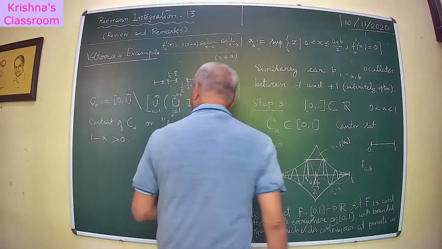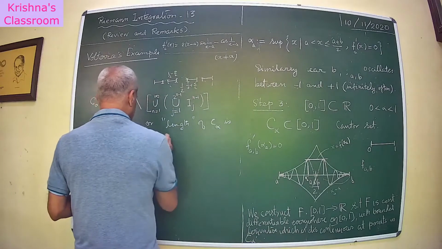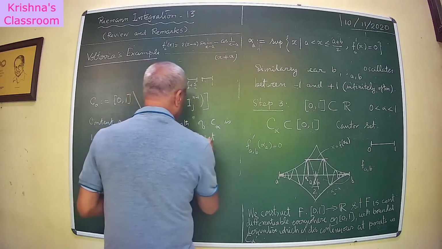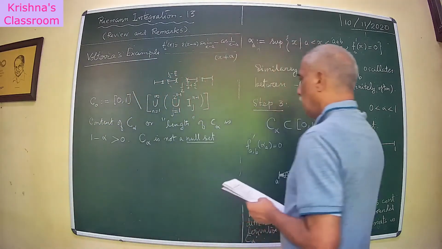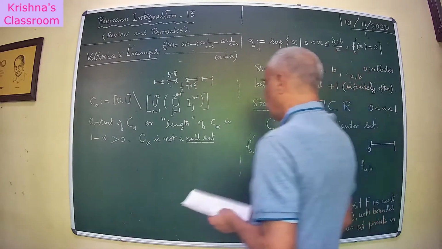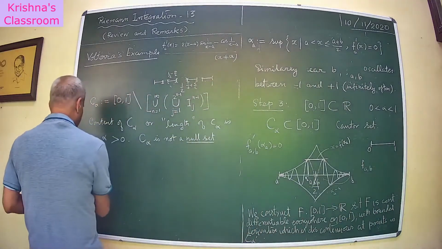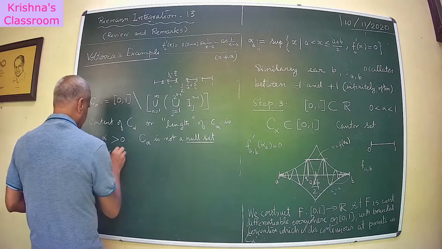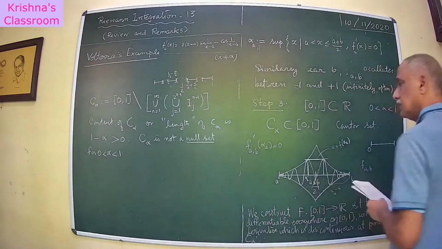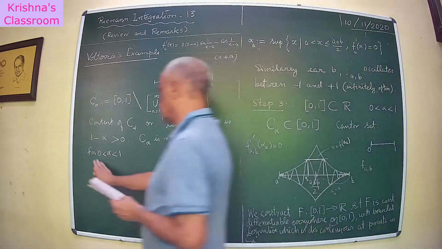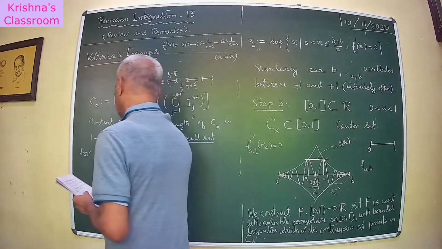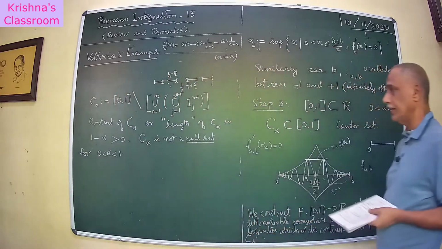So C alpha is not a null set. This is the inference that you have, as long as alpha is less than 1. This is the information that we have.